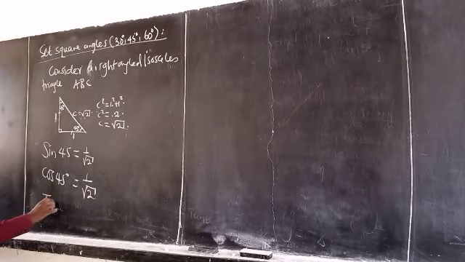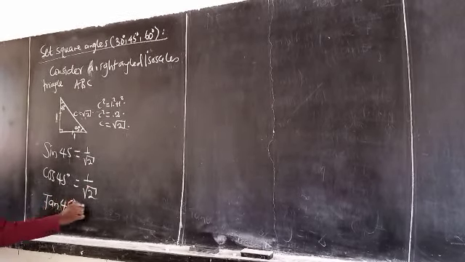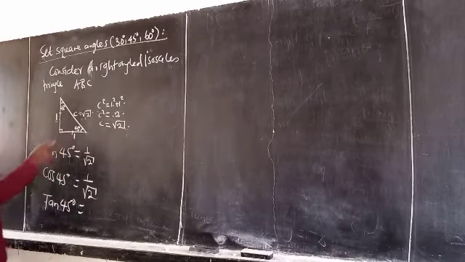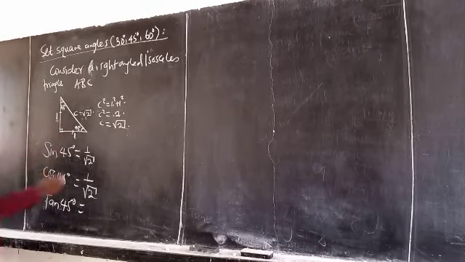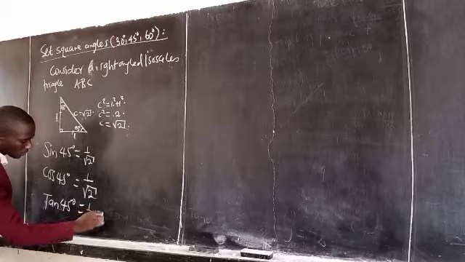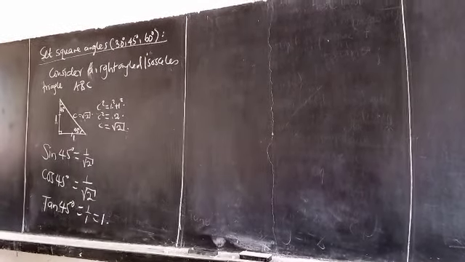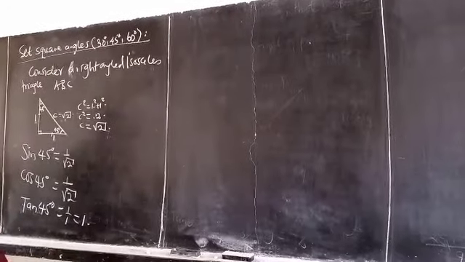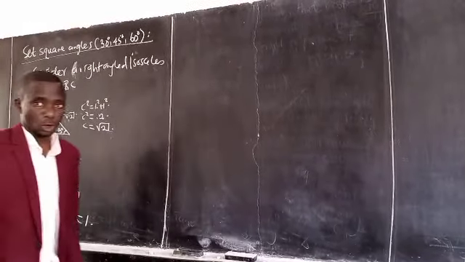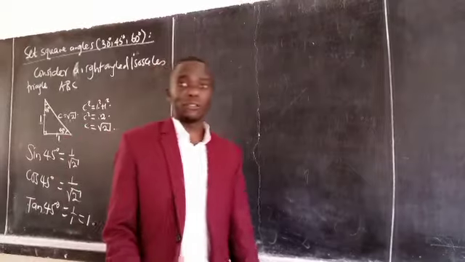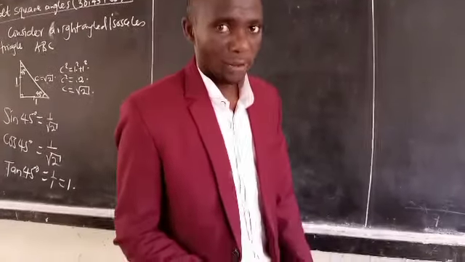What is tan 45? Opposite over adjacent, 1 out of 1, which is 1. How I wish you can have these ones in your head, that sin 45 equals cos 45 equals 1 over root 2, whereas tan of 45 is 1. You can have that one.